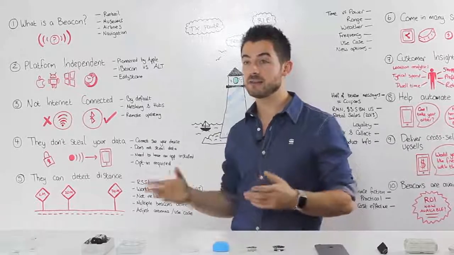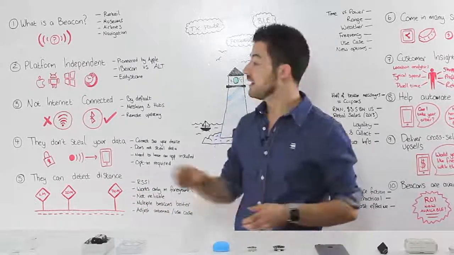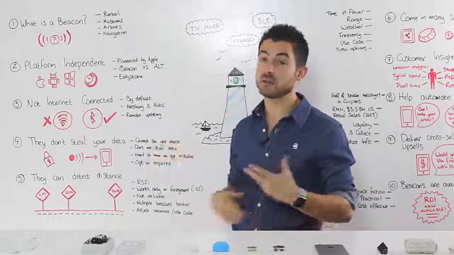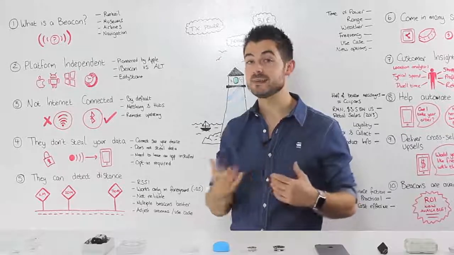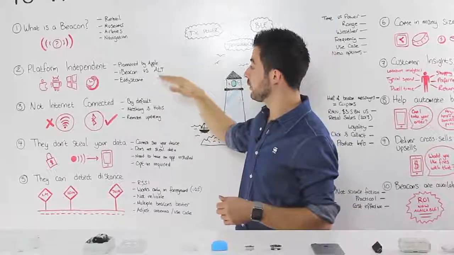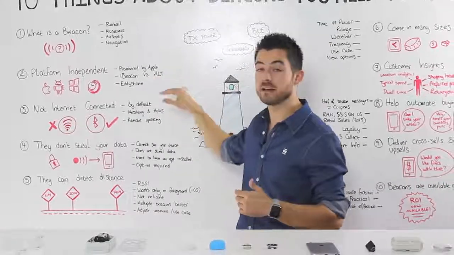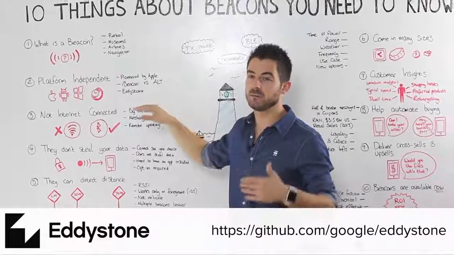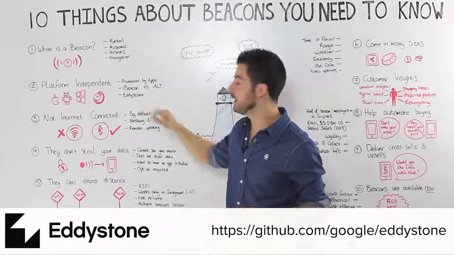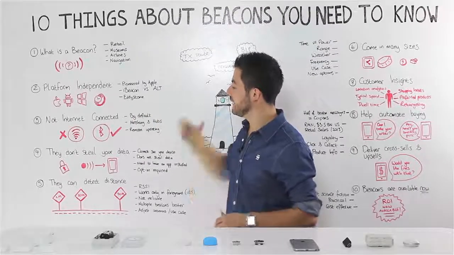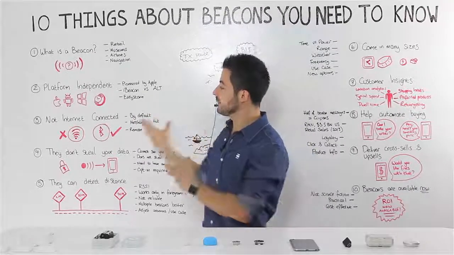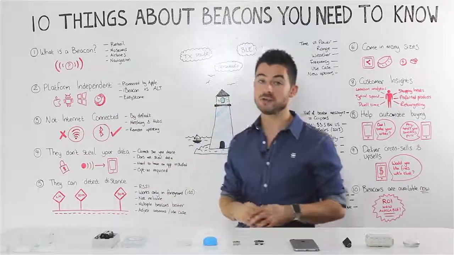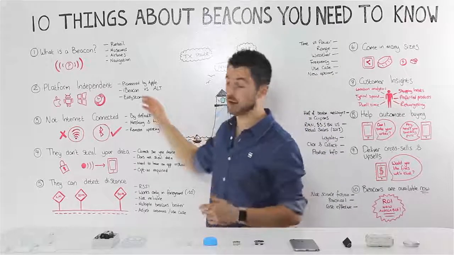So you can have various different layouts from different manufacturers, and the iBeacon one is proprietary to Apple, but that doesn't mean that Android devices and other devices can't see these beacons as well. But we're heading towards other types of packet layouts being available, like AltBeacon and Eddystone. I'm going to be covering Eddystone in more detail in a later episode. But the thing to note is that beacons and iBeacons are not really just for Apple devices, and you can use them across your entire customer base, which is very important.